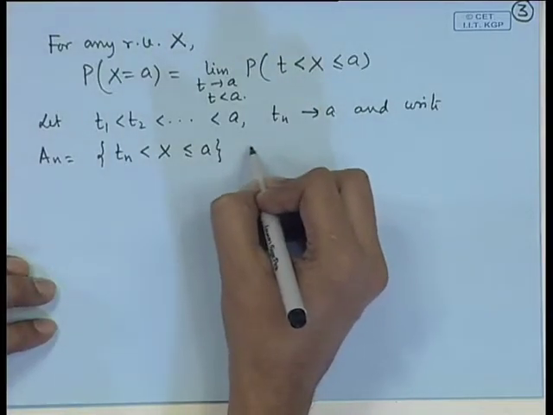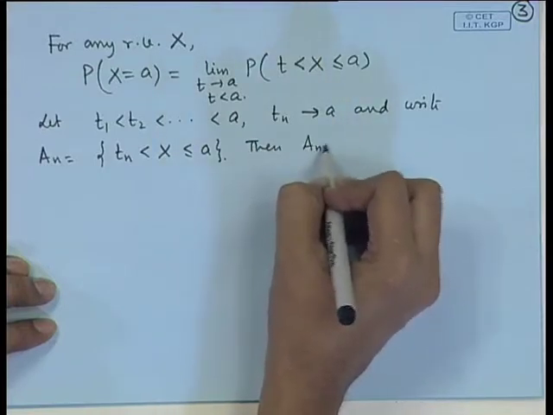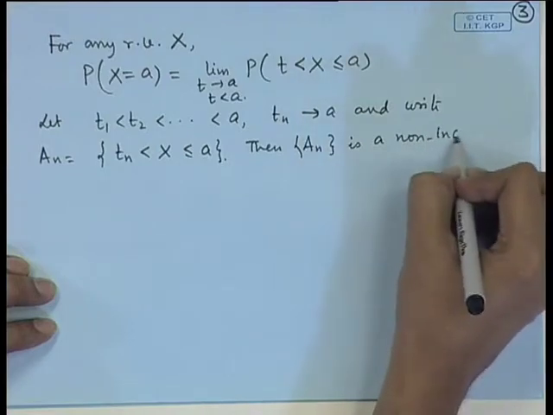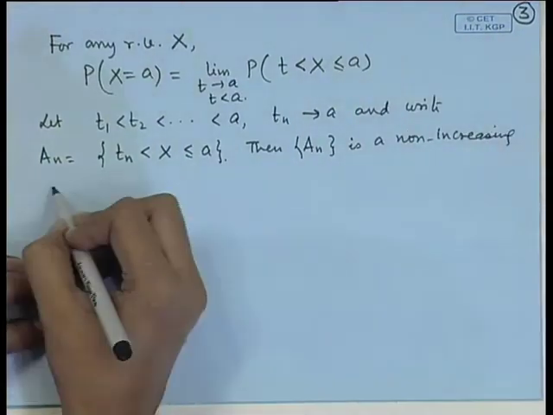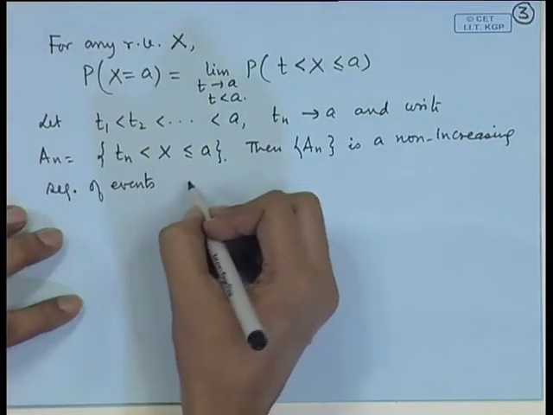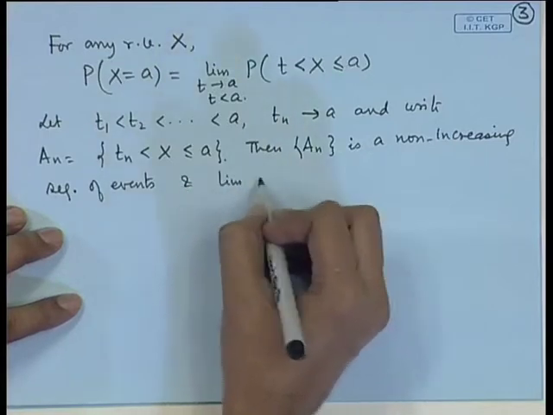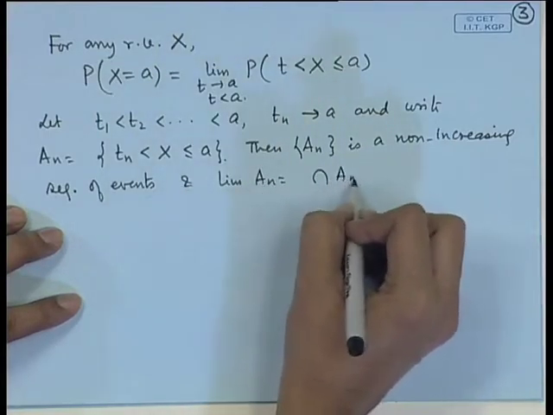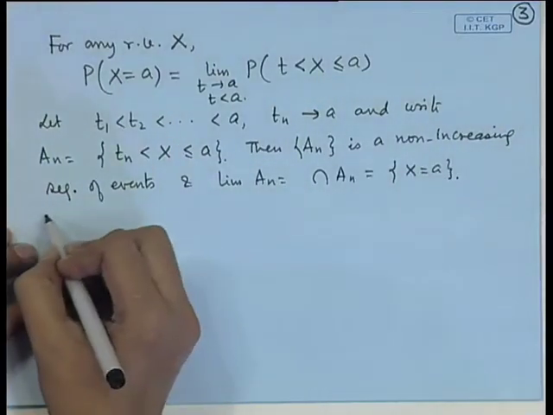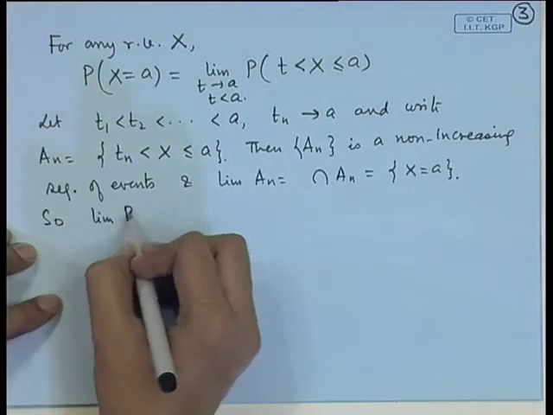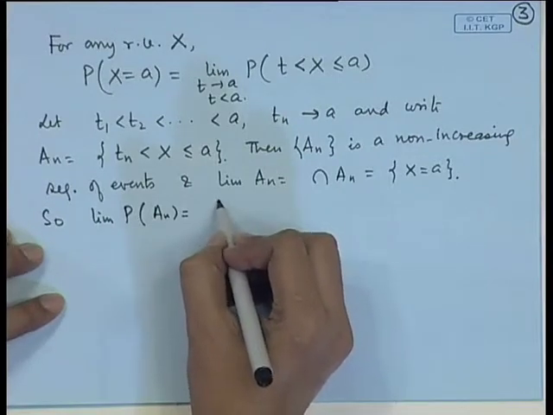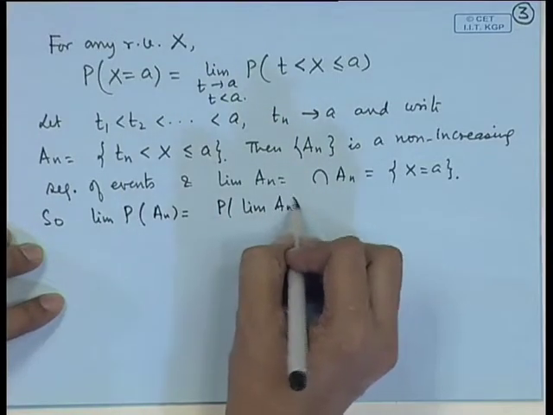Then this is a non-increasing sequence, and the limit of A_n will be equal to the intersection of the A_n, which is basically equal to the event X equals a. So, the limit of the probability of A_n is equal to the probability of the limit of A_n.